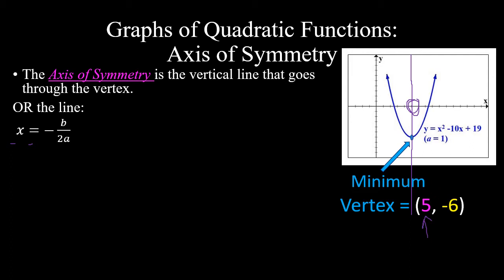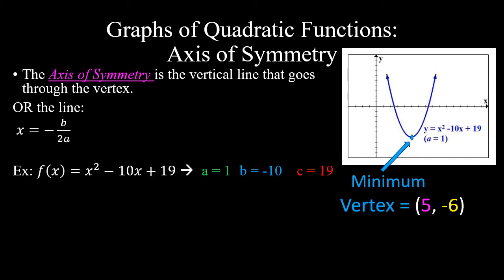So if we are trying to figure out what the axis of symmetry is, how would we do that? Let's look at the same example we've been working with. This function, y equals x squared minus 10x plus 19, okay? And I told you the first thing you always want to do before you start graphing your quadratic function, your parabola, is identify your a, b, and c, right?